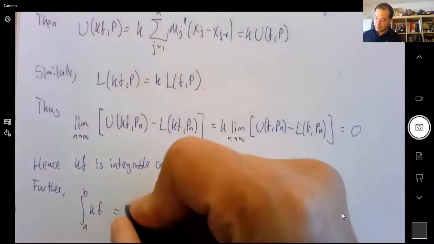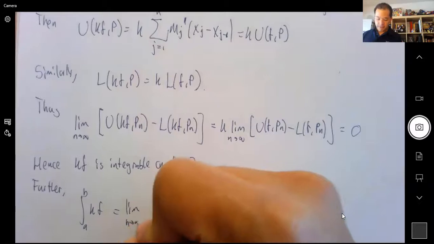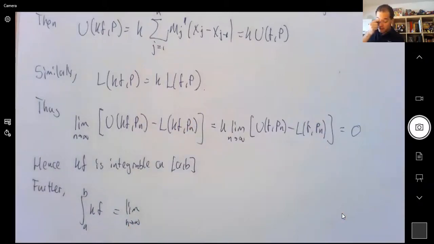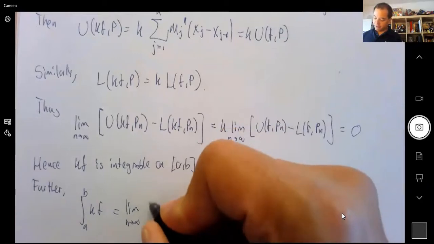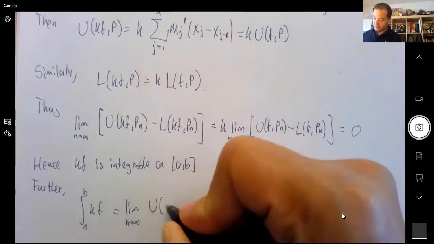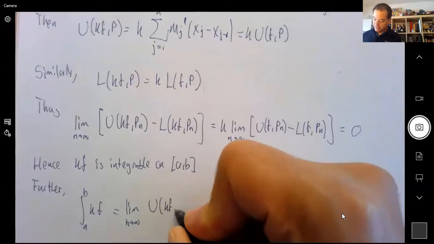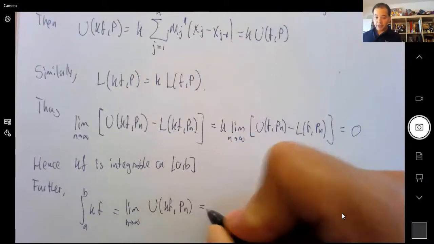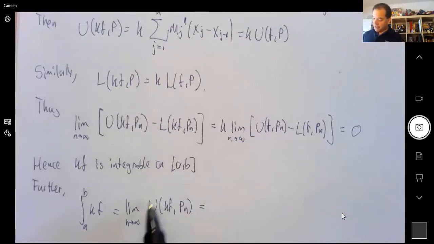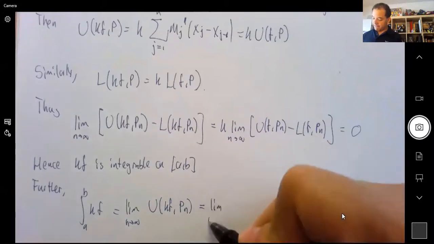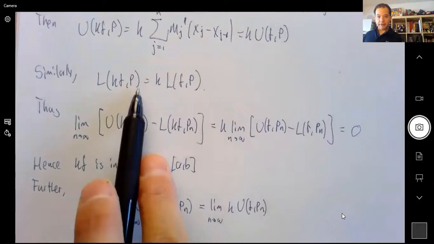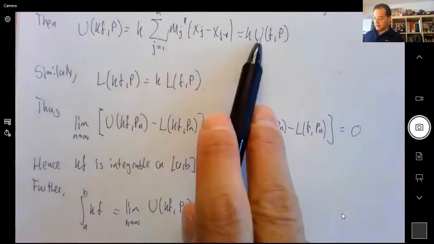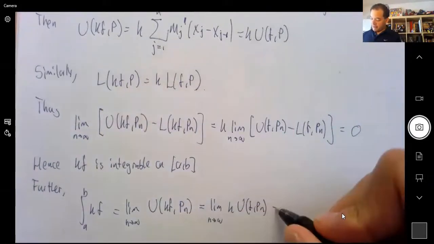So this is the limit, and just pick one. The U or the L really doesn't matter. I'm going to use the upper sum just because. So this is the limit of U of kf with the P_n's. But we know we can take the k out by this property on top, and the k comes out of the limit.